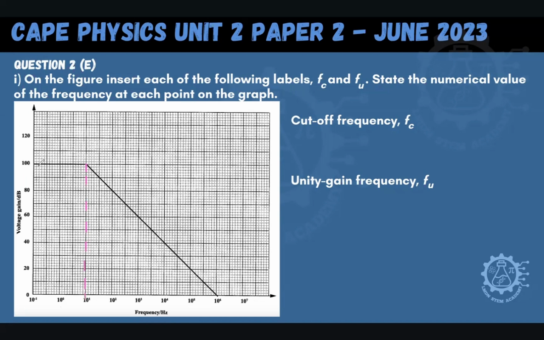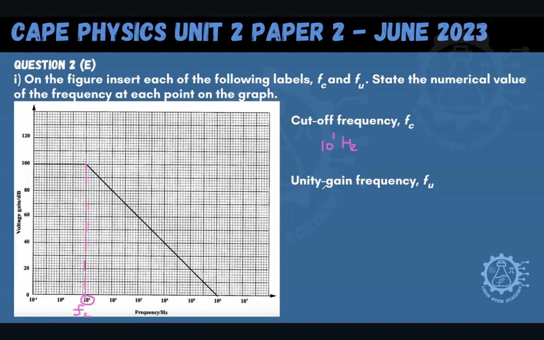Gain is constant, then you see a sharp drop, and that happens at 10 to the 1 frequency. So that is what we call your cutoff frequency, F little c. That's where the gain changes dramatically from being constant. So for that frequency, we would write 10 to the 1 hertz. That's our cutoff frequency.